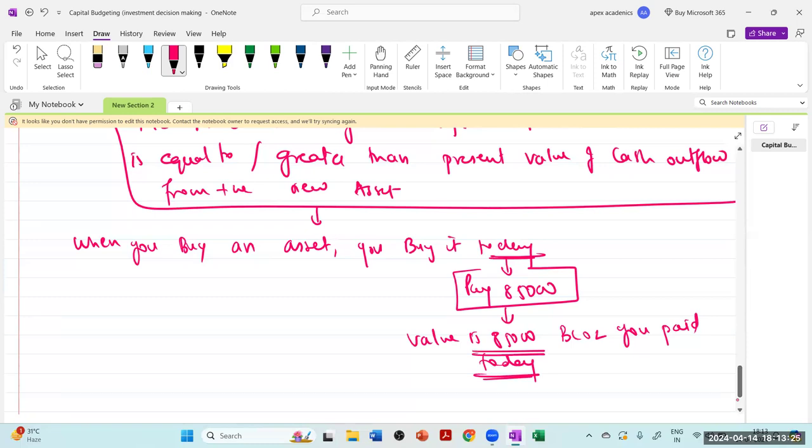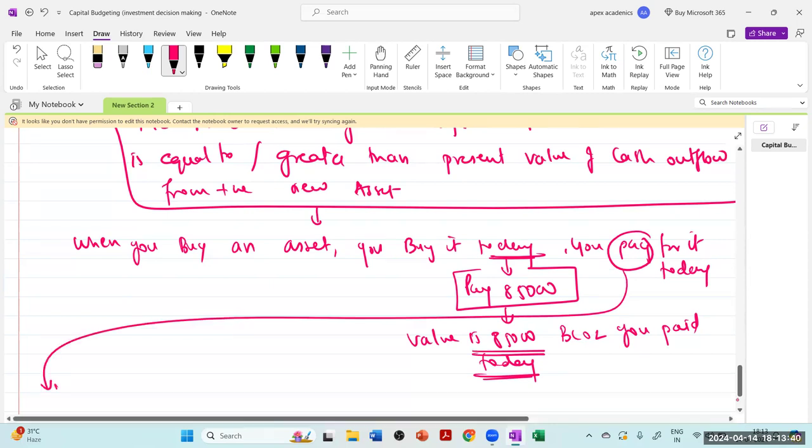तो हमेशा रिमेंबर, व्हाट यू पे फॉर द एसेट, व्हेन यू बाय एन एसेट, you buy it today, you pay for it today. What you pay for an asset today is equal to the present value of cash outflow.